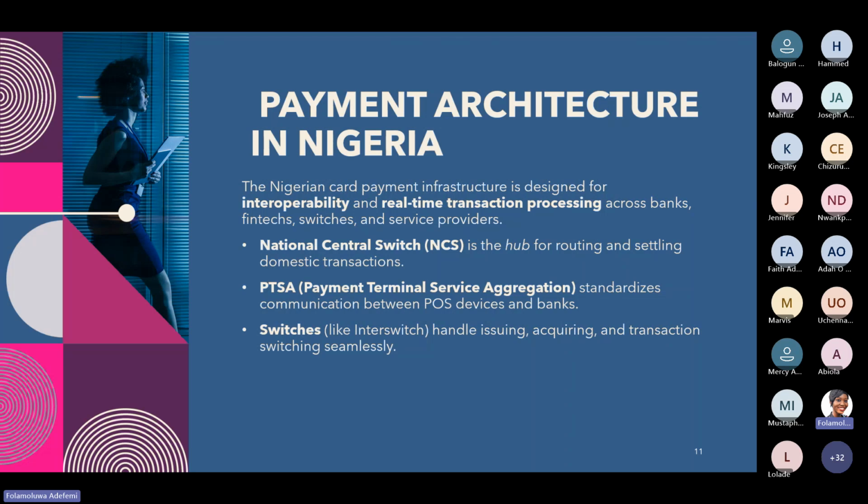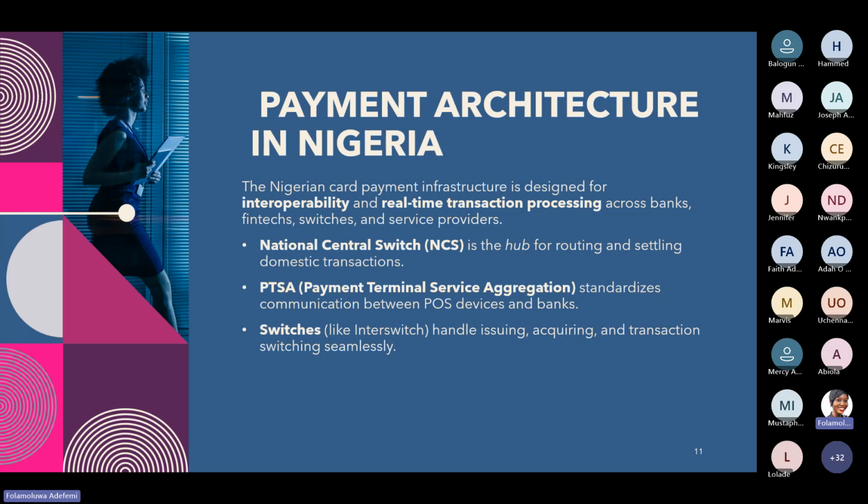Whatever device is being used to handle payments, they work with that device to handle payment data and transmit it to financial institutions like banks or switches. The PTSAs are in charge of that and standardizing that.